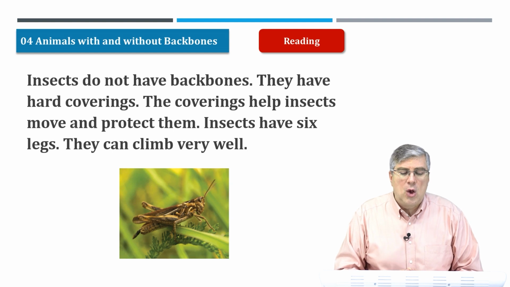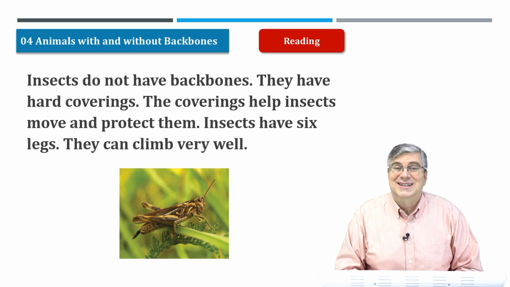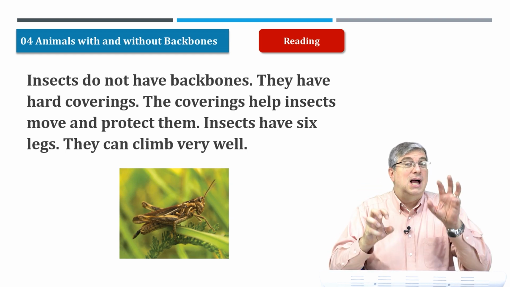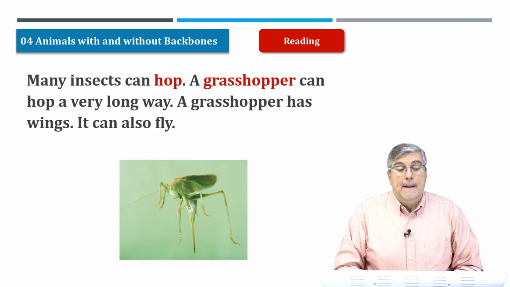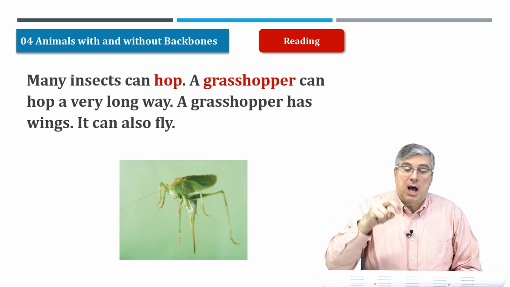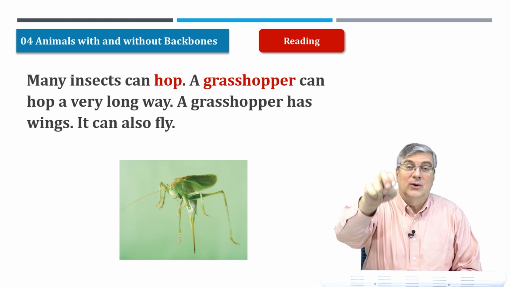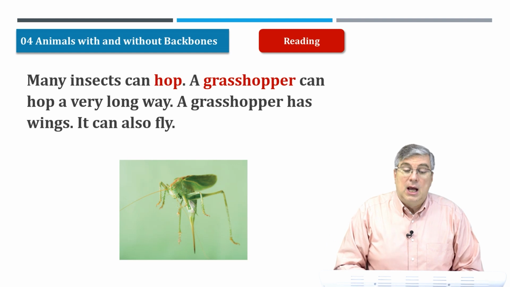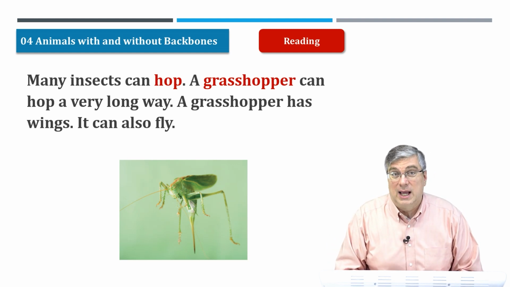The coverings help insects move and protect them. Insects have 6 legs. They can climb very well. Many insects can hop. A grasshopper can hop a very long way. A grasshopper has wings. It can also fly.